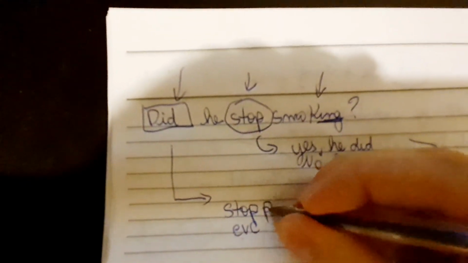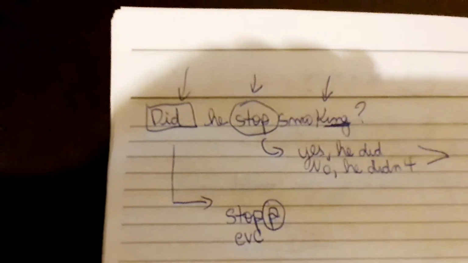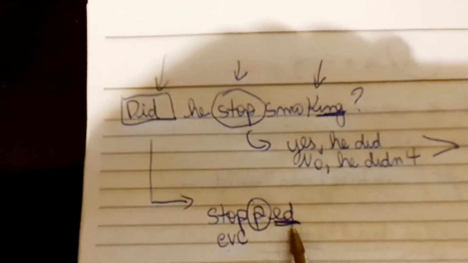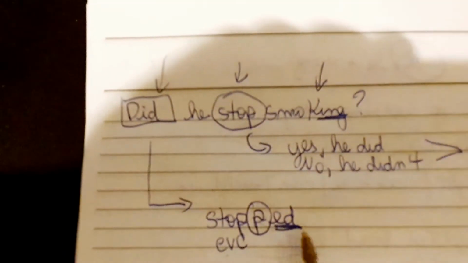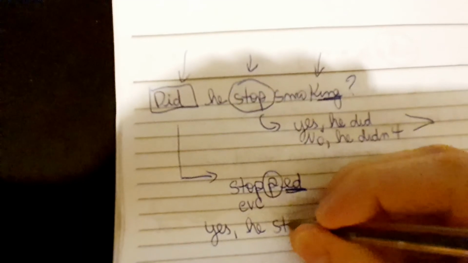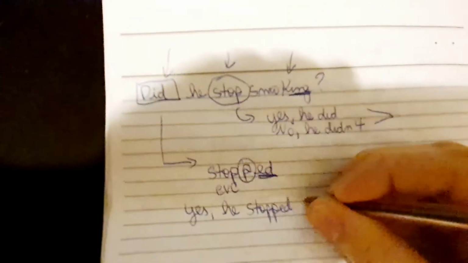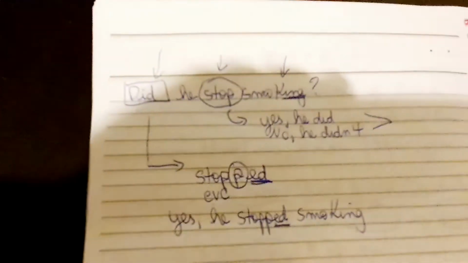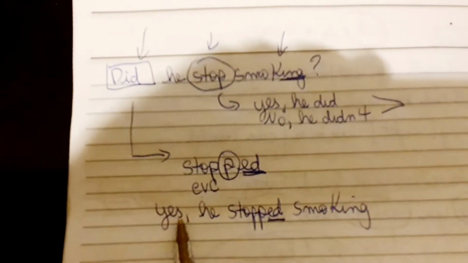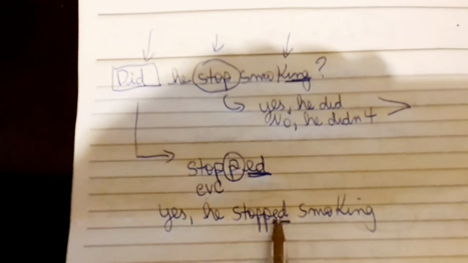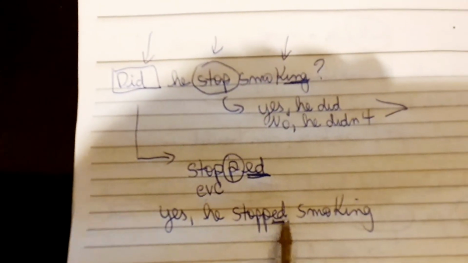You have to double the last consonant before adding ed. So the regular verbs come with ed, okay? So yes, he stopped smoking. So in the affirmative, I have to add ed, right?